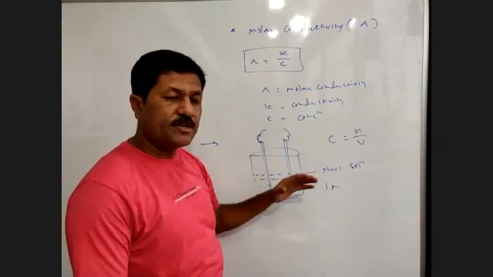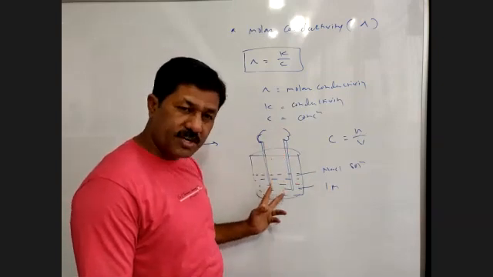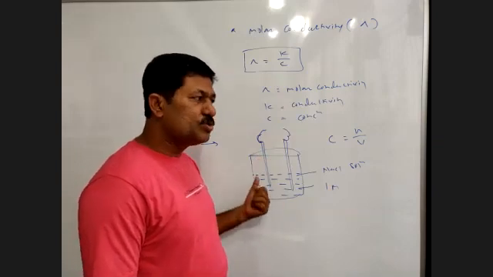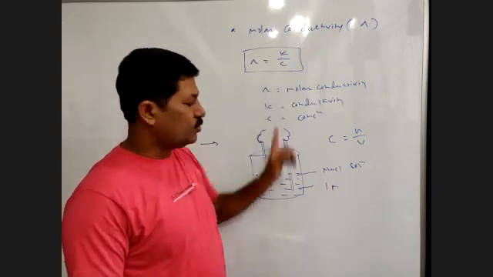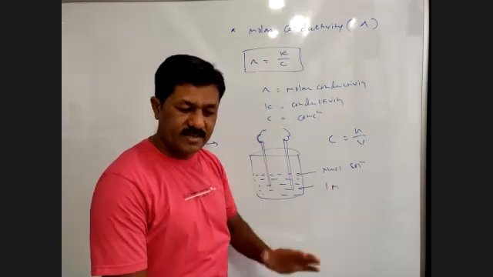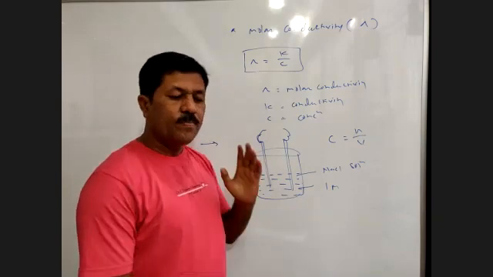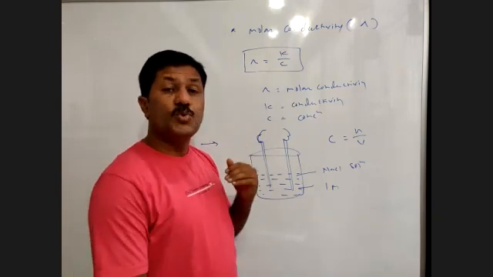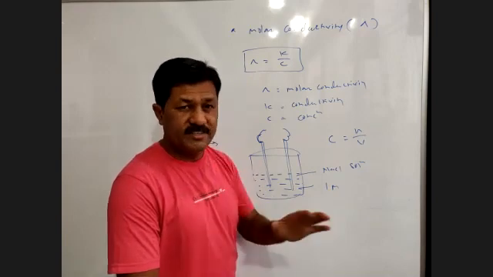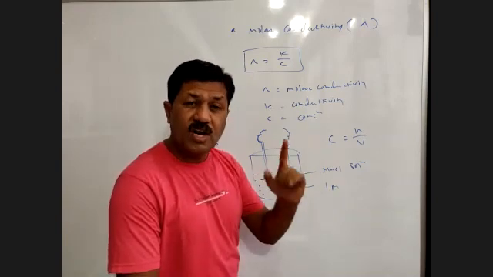And whatever the conductivity of the solution in which 2 electrodes are dipped, which cover all the solution, that shows molar conductivity. Whatever the conductivity of the solution is, we call it molar conductivity. All of you clear with this? So molar conductivity is a suitable term which is used in chemistry. Conductivity is not the right term, so that's why we need to bring in molar conductivity.